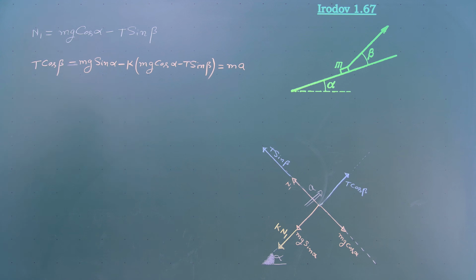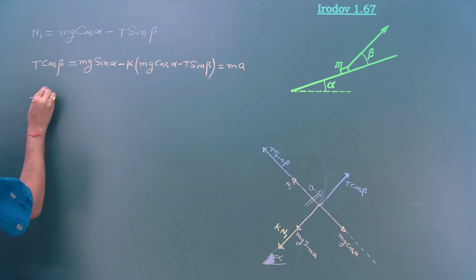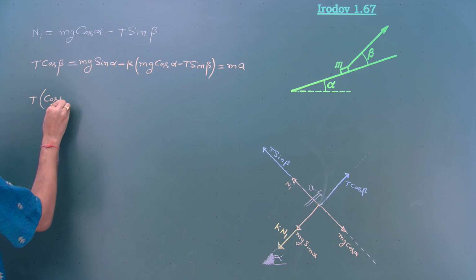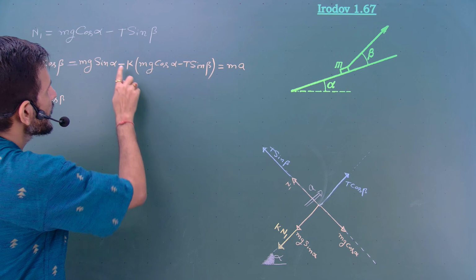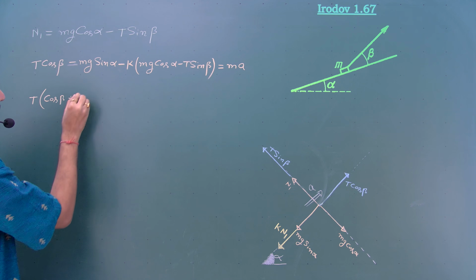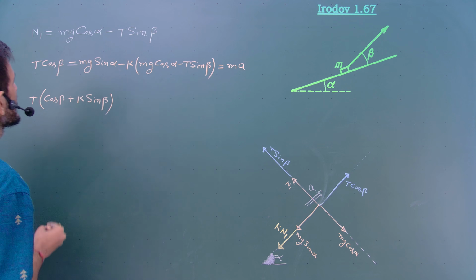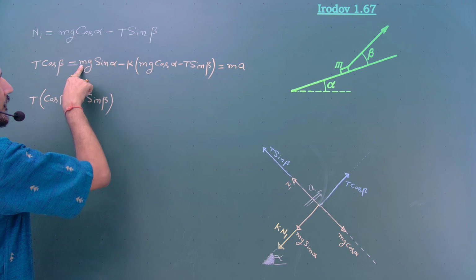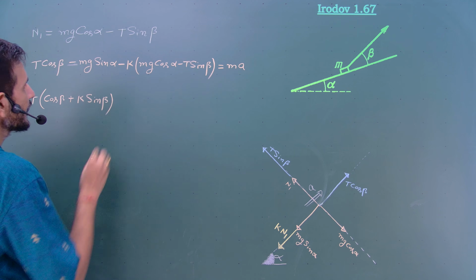So collect the T part. So T part is T into cos beta plus k sin beta. Okay, this minus part, let me throw it in the right direction.